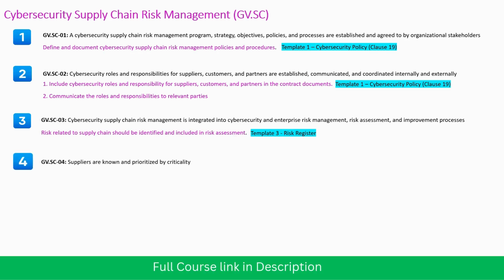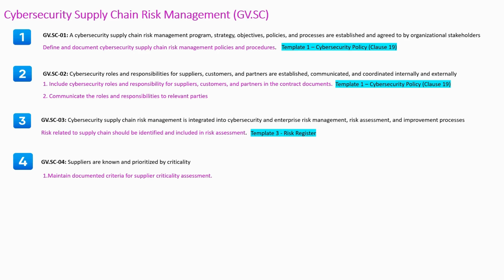The fourth subcategory requires that suppliers are known and prioritized by their criticality. To implement this, maintain documented criteria for supplier criticality assessment. That is how you will define the criticality of your supplier. You need to have a documented procedure.